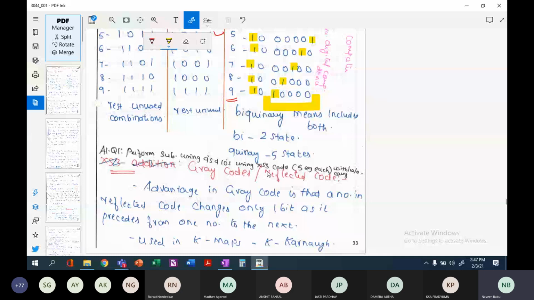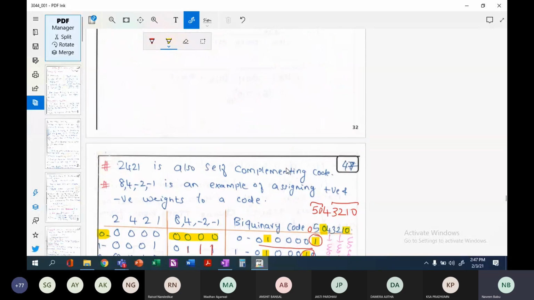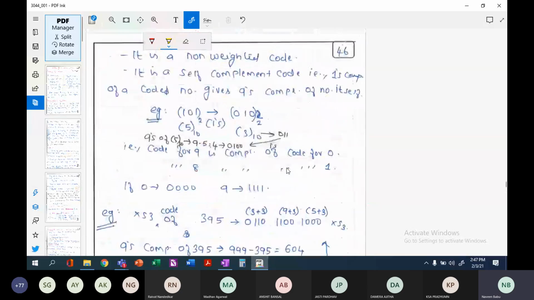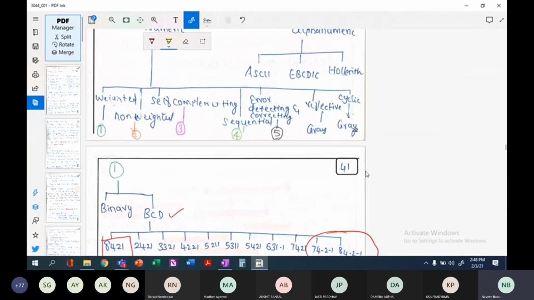Okay, so finally, let us look at the gray codes or reflected codes. I think these are the last part of the codes. We have almost covered most of the things. You know what a binary code is.